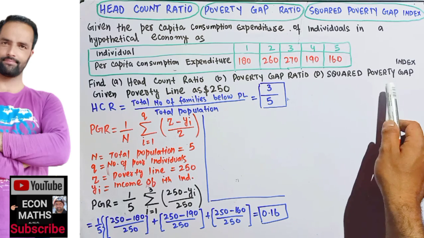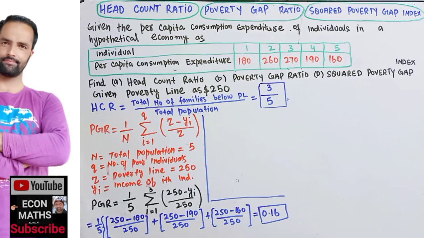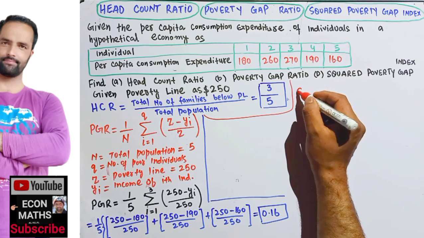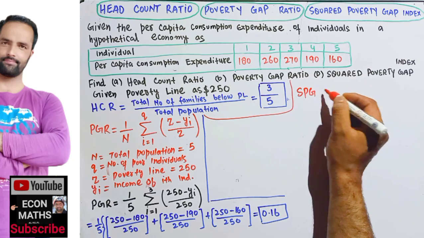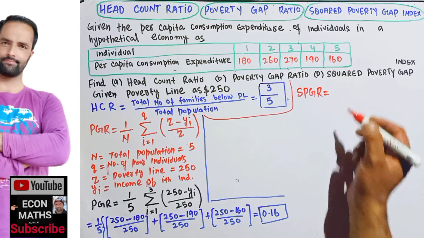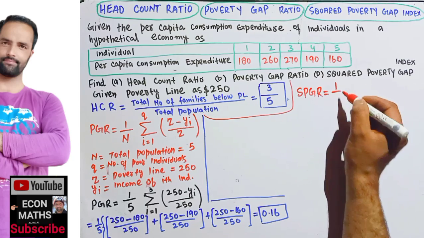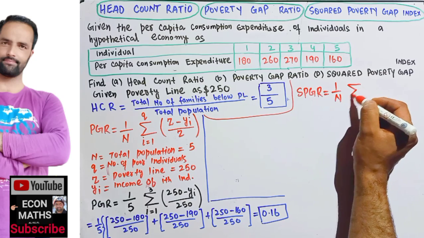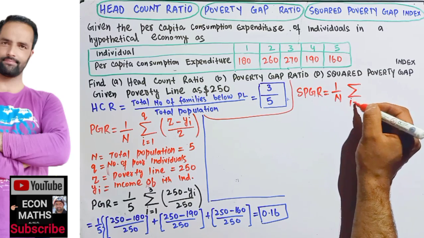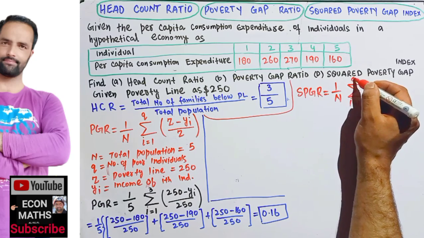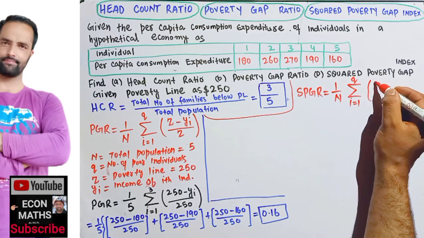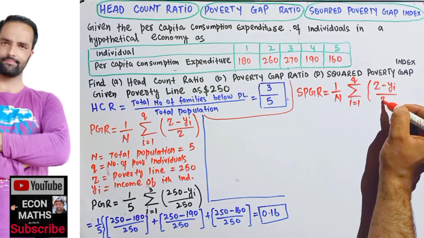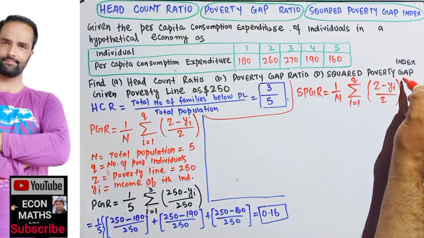Now lastly comes the squared poverty gap index. And how do we calculate it? Simple. SPGR, we write it also as a ratio, is equal to 1 upon n, summation from i equal to 1 up to q, of z minus yi divided by z, but this time we square it.